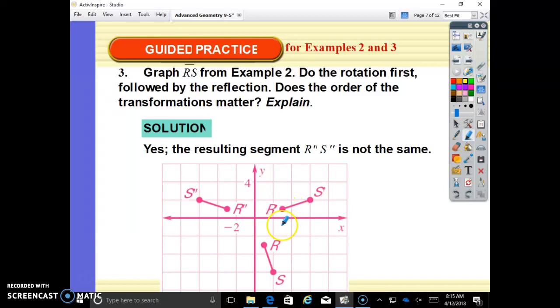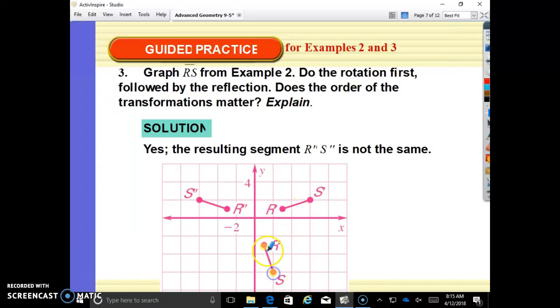So we have RS, and they said do the rotation first, followed by the reflection. So if we rotate and then reflect, is this going to be the same as if we reflect and then rotate?